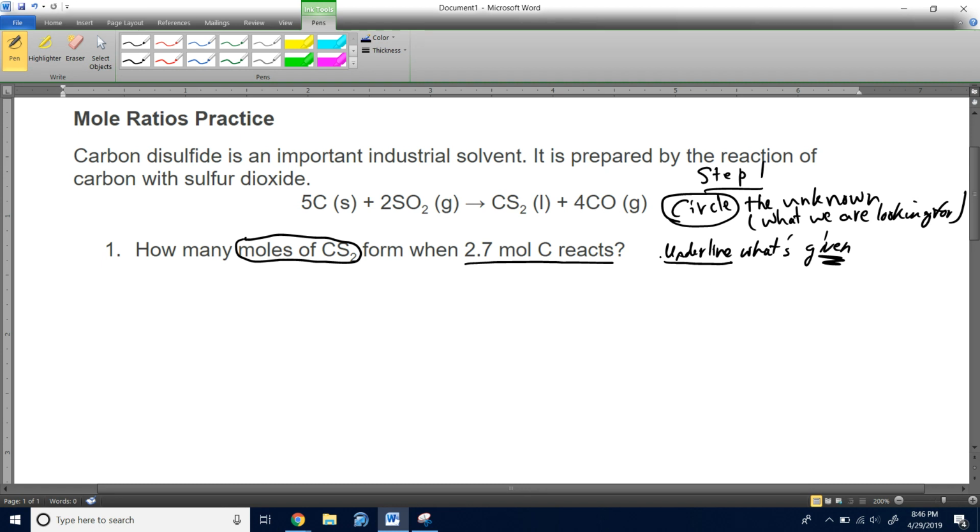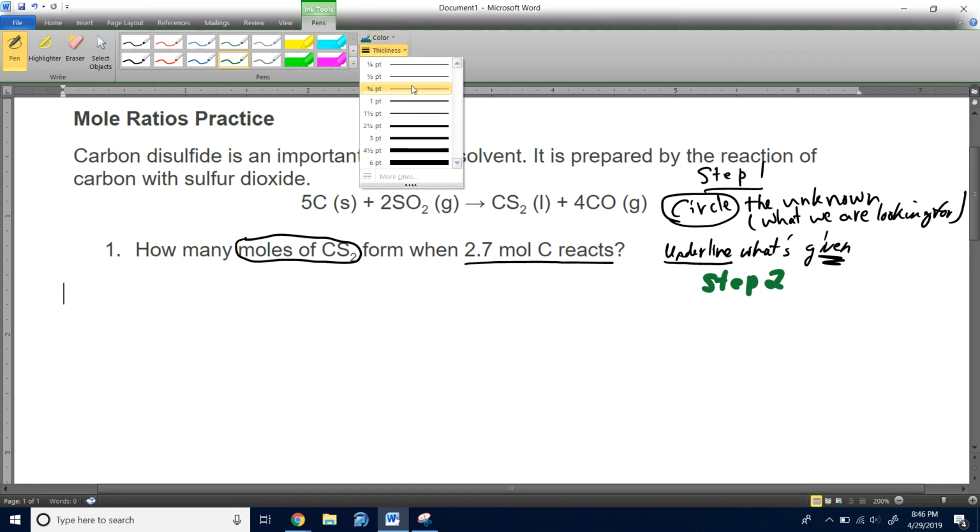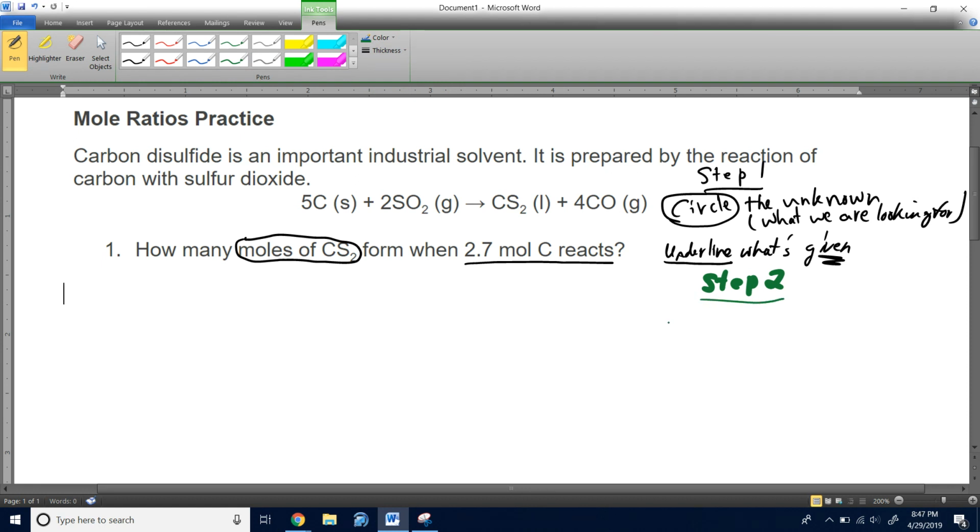So what's step two? Step two, we have to write down what's given in an equation.